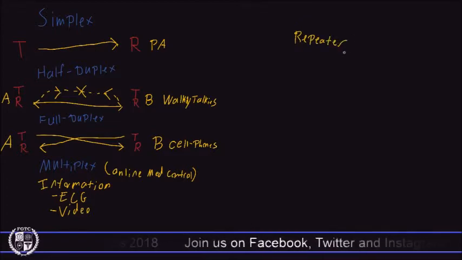Now, to understand a repeater, you have to know that they work on frequencies, and essentially they act as an extension. So if I have somebody over here on side B, and somebody on side A who wants to send something to the person on side B, they are literally 30 miles apart.